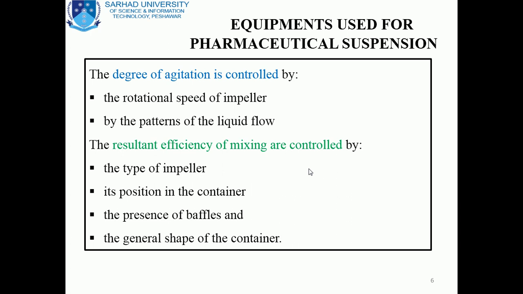First one is the type of impeller, that is the mixing device, either propellers or turbine that is used. The second one is its position in the container. The suitable position in the container must be selected in order to give the maximum efficiency for mixing.